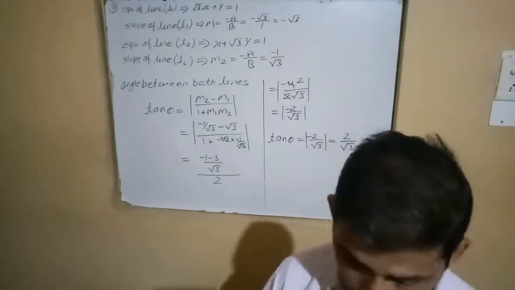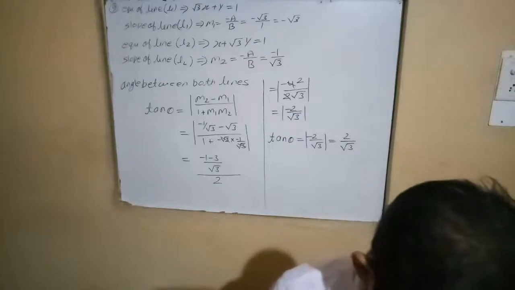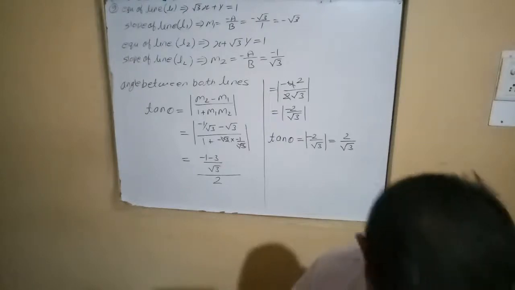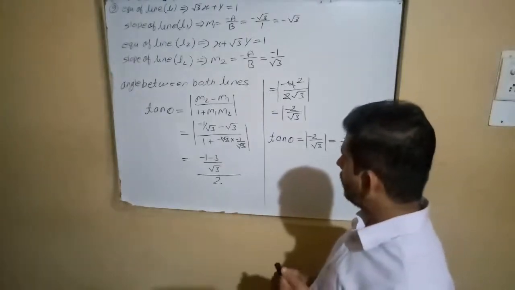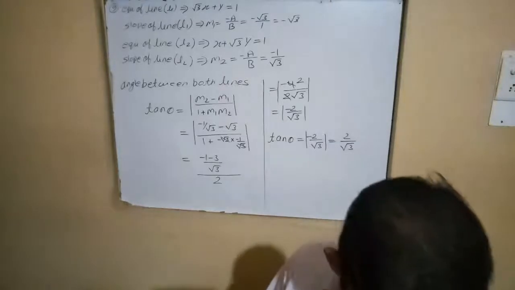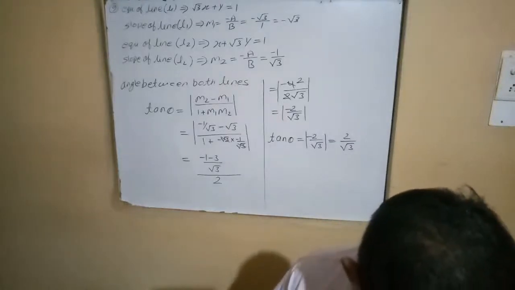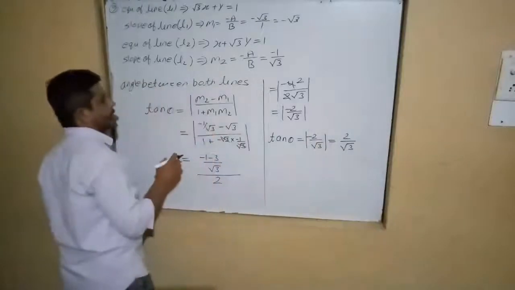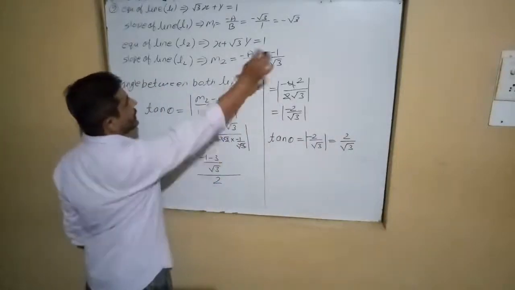This is which one? 9th question. One upon root 3. 1 upon root 3. Yes. There is a small mistake here.